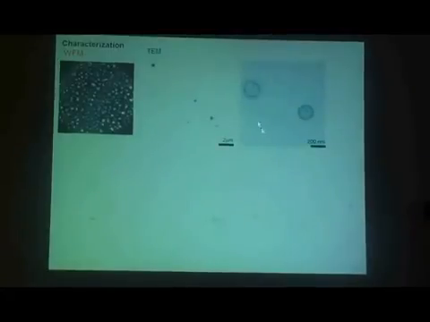Okay. So when you do the wide field microscopic characterization, what we found is a ring-like fluorescent material. Similarly, in the case of TEM you also see a ring-like structure. But if you consider this fluorescent image as well as the TEM image, both of them give you ring-like structures. But in reality, there are two options.